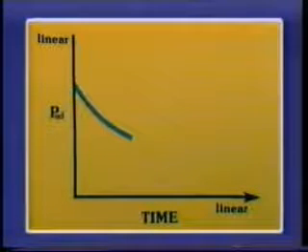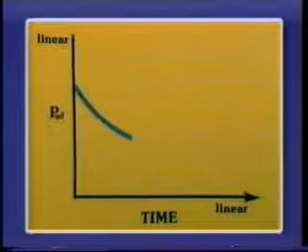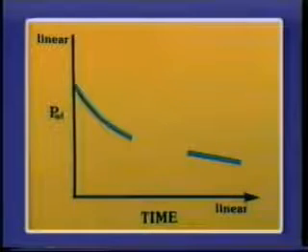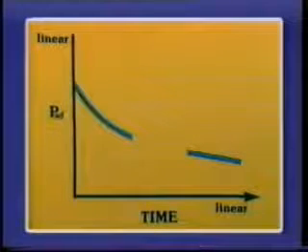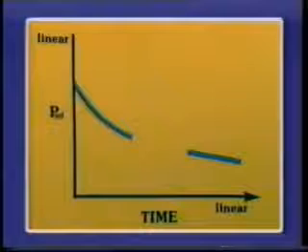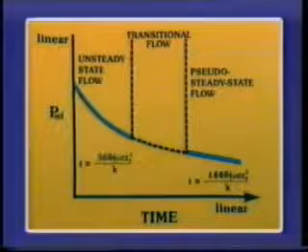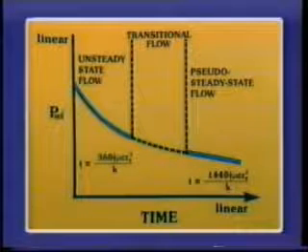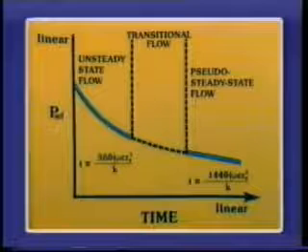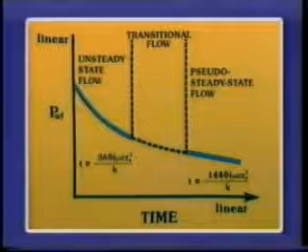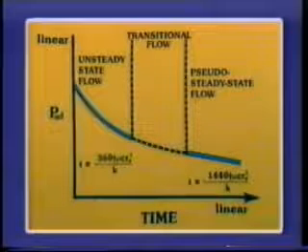After the pressure disturbance caused by the flowing well reaches the boundary, the pressure behavior changes. The rate of change of pressure with time becomes constant. This means that our P sub WF versus time plot becomes a straight line. The start of pseudo-steady state flow is given by the relationship T equals 1440 phi mu c r sub e squared over k.